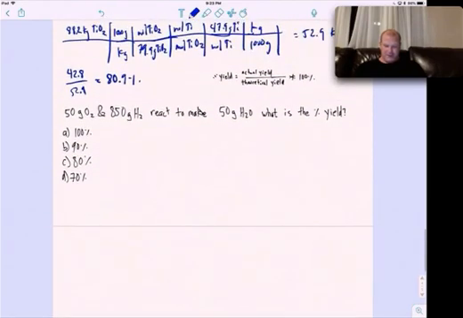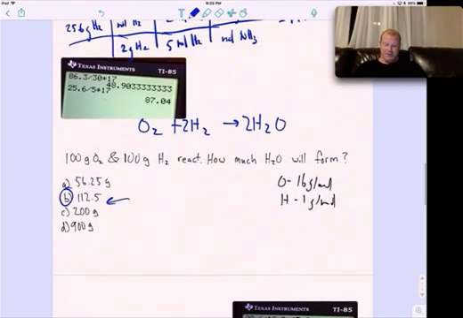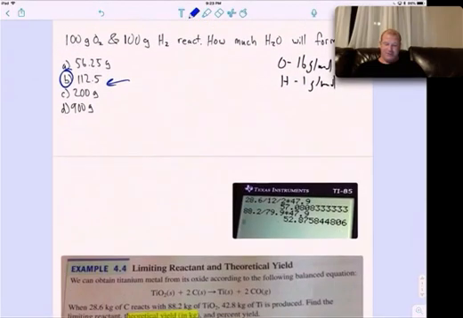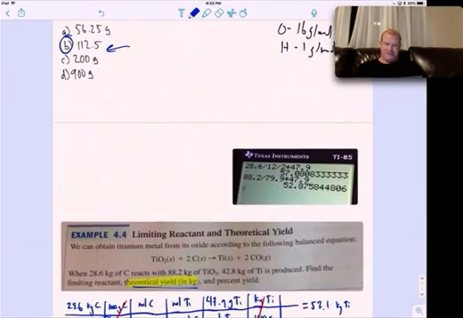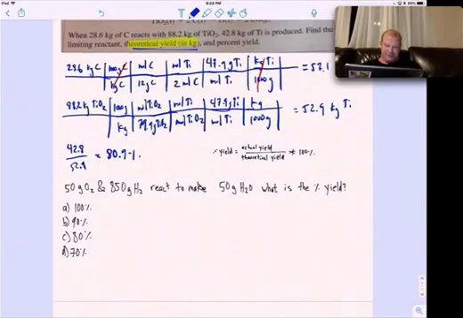Okay, last one here. 50 grams oxygen and 850 grams hydrogen make 50 grams of water. What's the percent yield? So obviously the oxygen is the limiting reagent. And if you recall from the earlier one, we have 112.5, so half of that is 56.25.